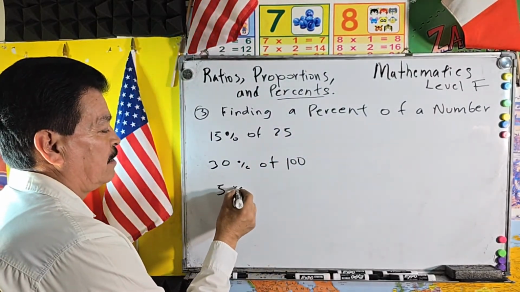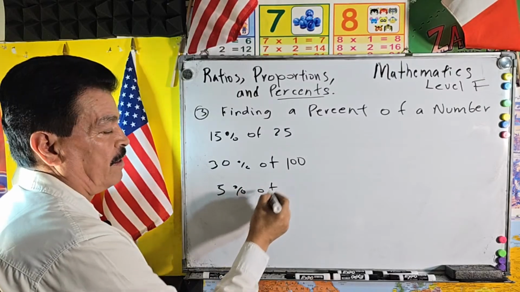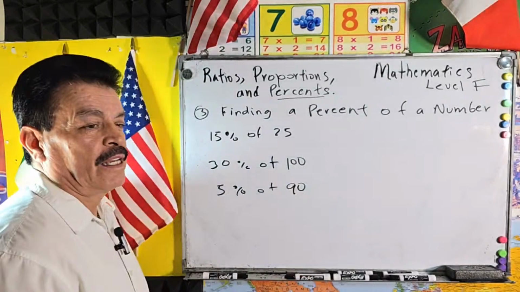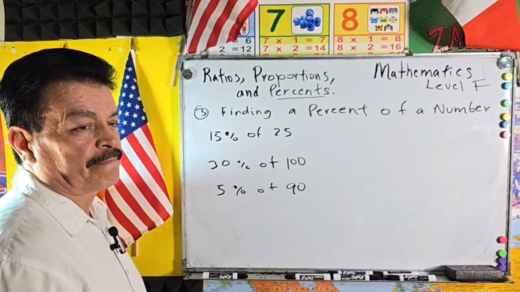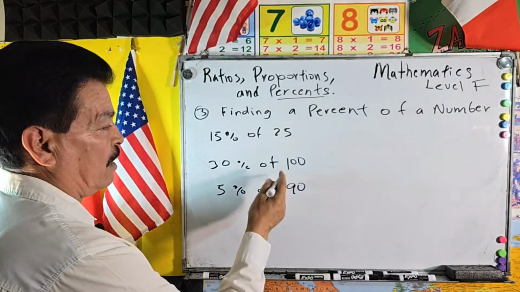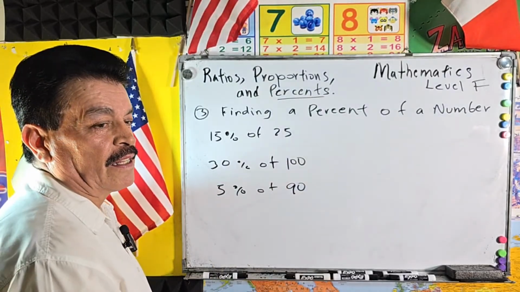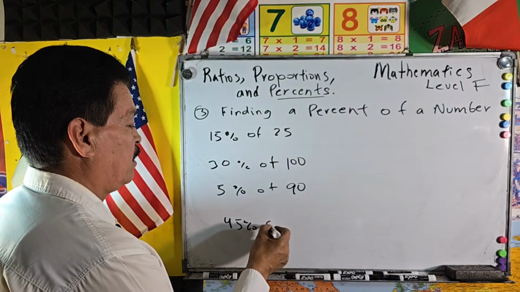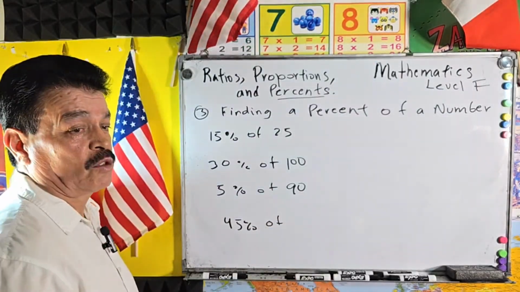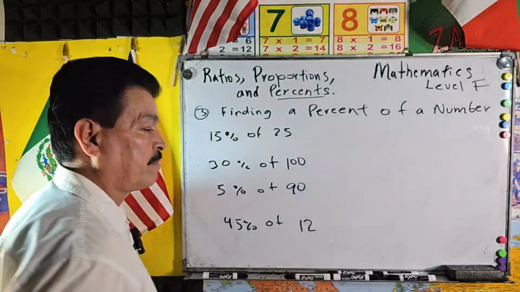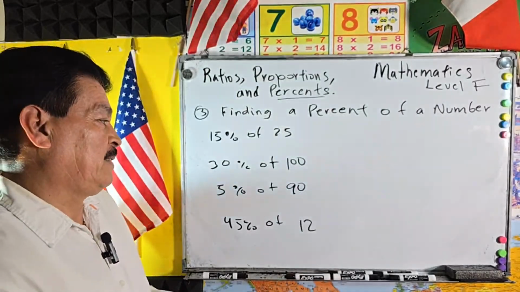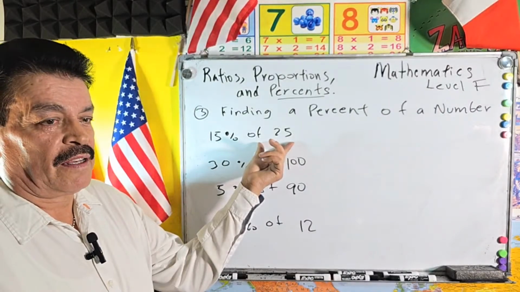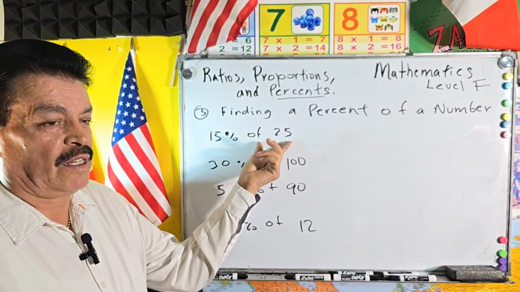5% of 90, 30% of 100, we have it here, and then 45% of 12. How do you know this? 15% of 25.